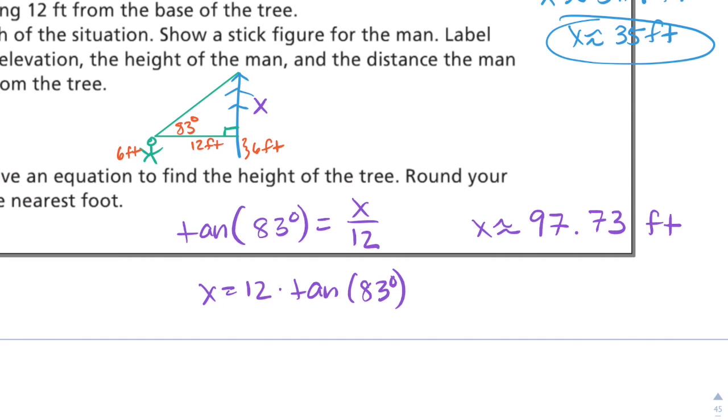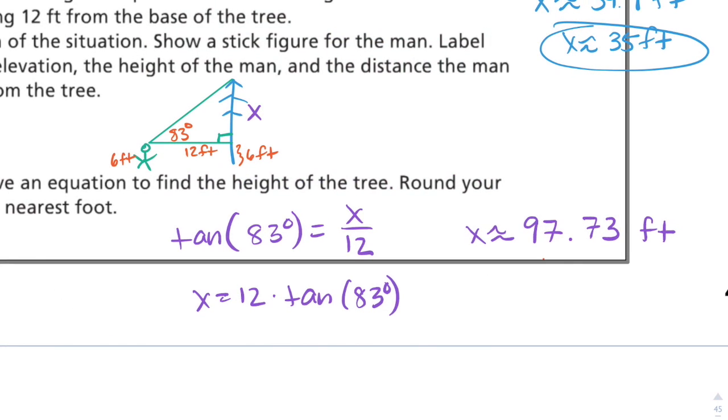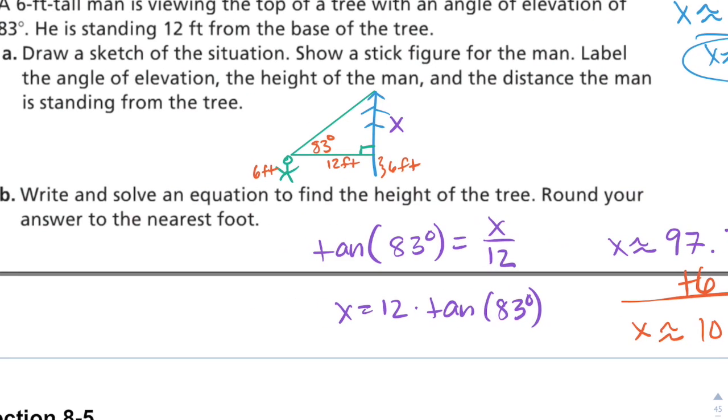And then we're going to make sure that we add the 6 feet in. We're going to add 6 feet. We're going to get x approximately equals 103.73. It wants it to the nearest foot, so we need to go a little bit further.